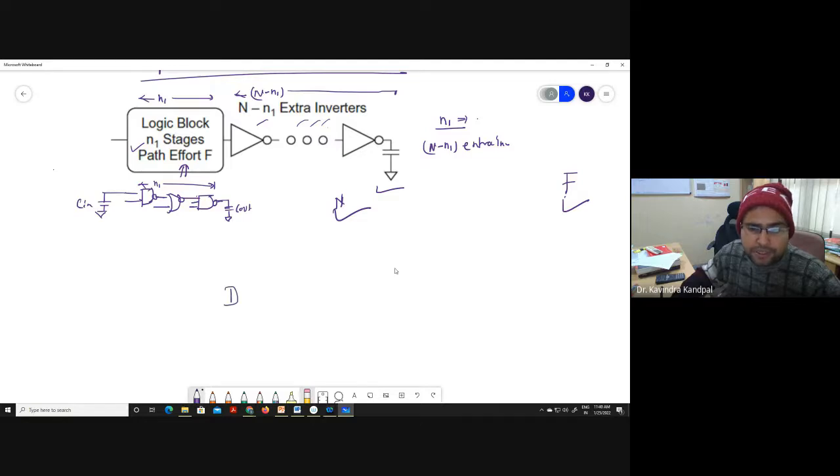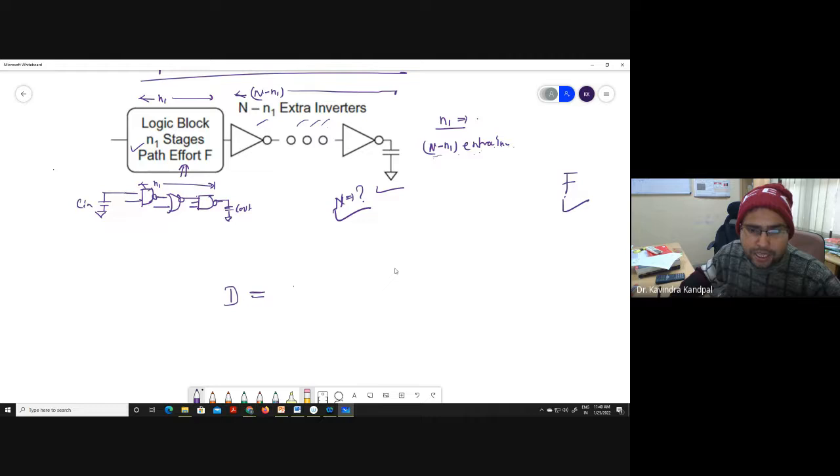The least possible delay will be D equals, right now you still don't know what is the N. Question is what is the N, or what is the N minus N1? How many extra inverters I should add? Right now I don't know. Let's say I have found out what should be my optimal size of N. Then again I do the same method of logical effort. Then I will find it out.